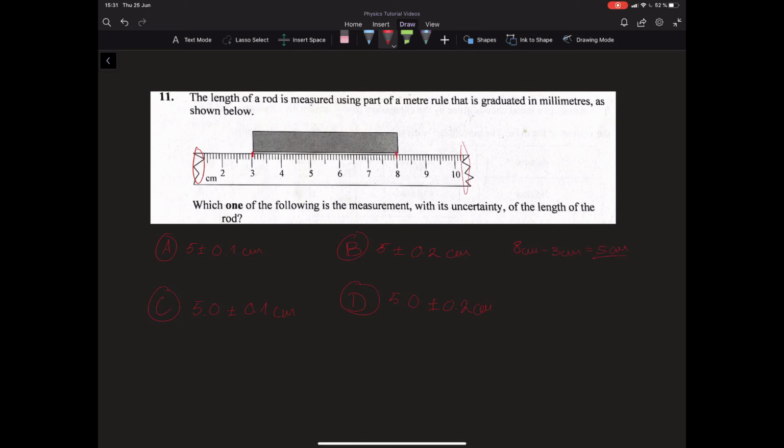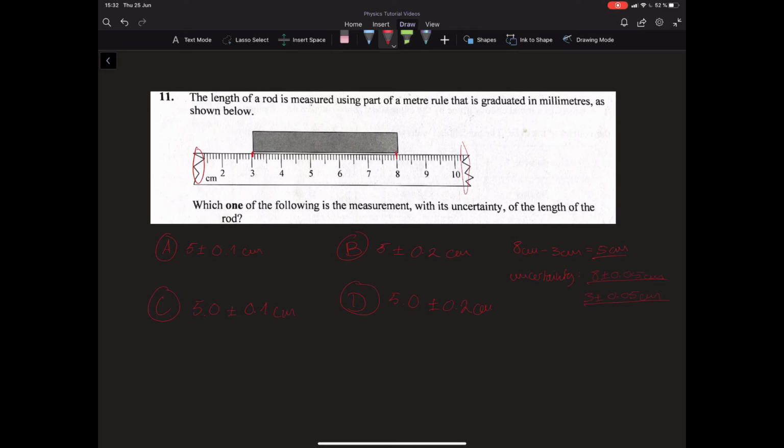Now, usually, with analog measurements, we take the uncertainty to be 1/2 the smallest scale division, which normally would be 0.05 centimeters. But since the endpoints are broken off and the length of the object isn't measured from 0, we have to take into account the uncertainty for 3 centimeters and 8 centimeters. When we subtract 8 minus 3, we have to add their uncertainties.